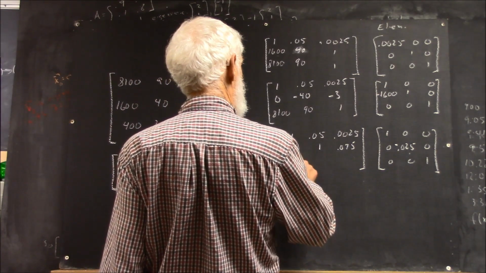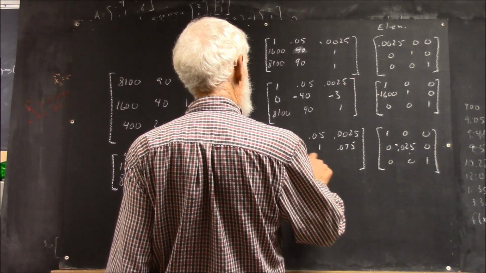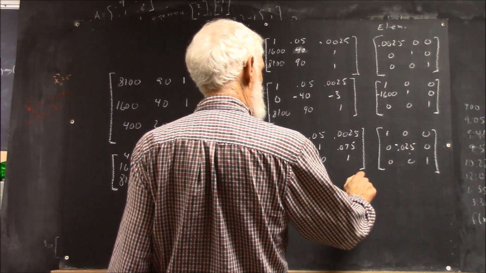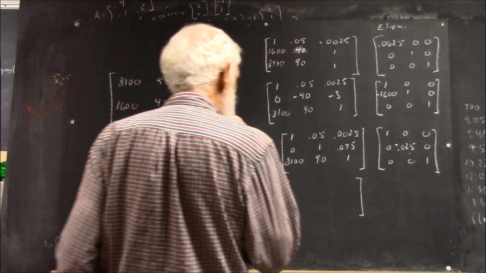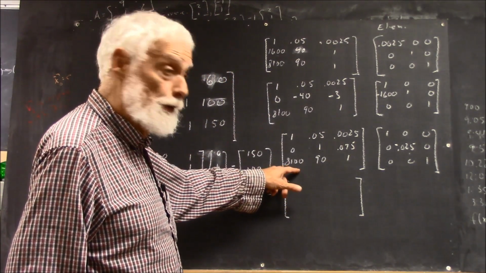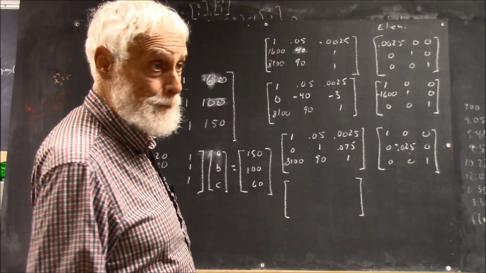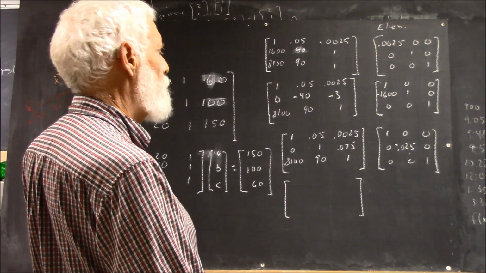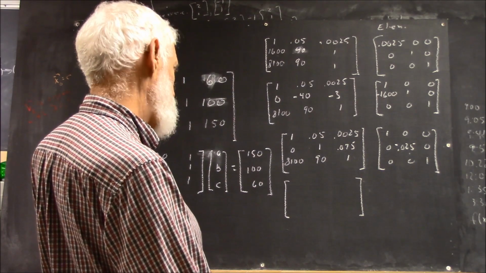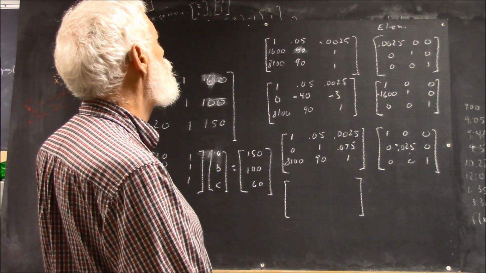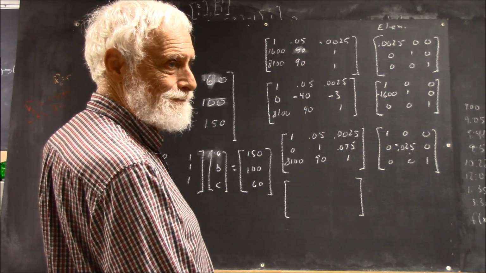But now, we'll complete this. And now, I'm going to divide this row by 8100, okay? Now, the reciprocal of 8100 is a little tough to do in my head. It's like 0.000124, I think.